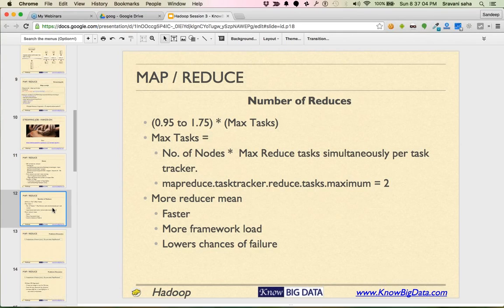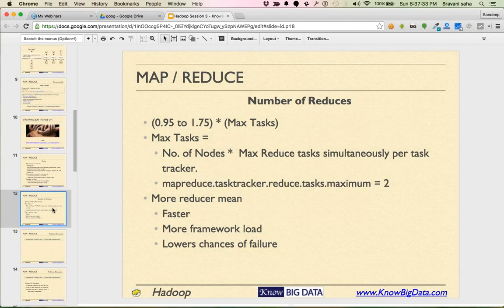By default, every node can execute two tasks in parallel, two reduce tasks in parallel. Based on your configuration, you first find out the maximum number of tasks you can execute. The number of nodes times the maximum tasks per machine that can be executed simultaneously is equal to the maximum number of tasks.